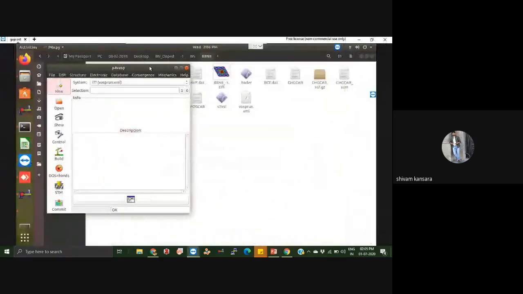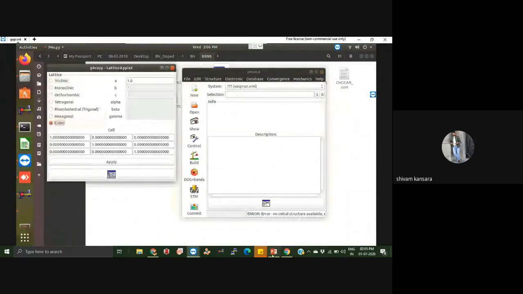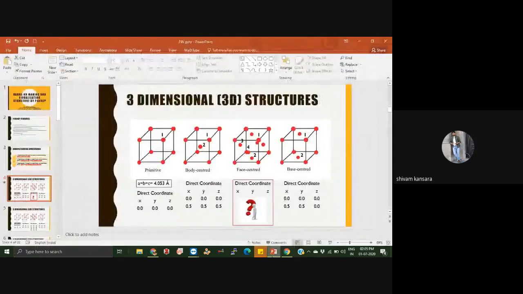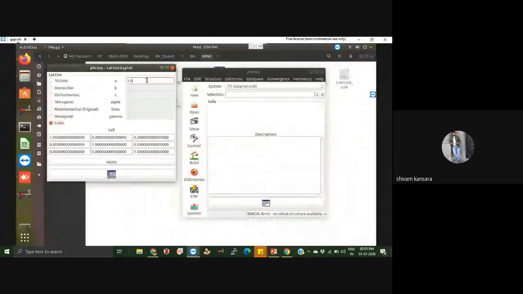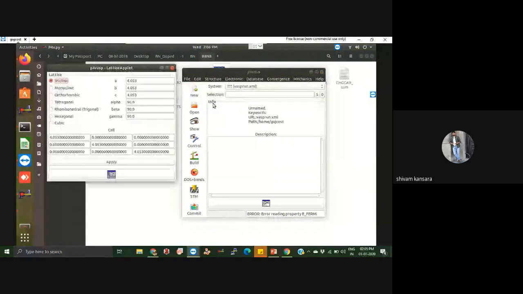So let's make a cubic primitive cell. Lattice cubic, and what is the lattice constant? The lattice constant is 4.053, so we just put 4.053 here and apply. What I have done: open P4VASP, go to Structure and select Lattice. There are a total of 7 types of crystal systems.